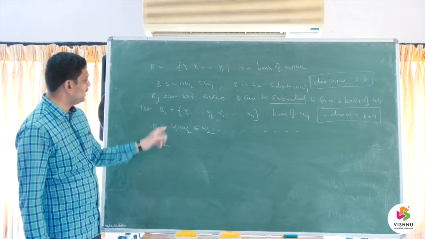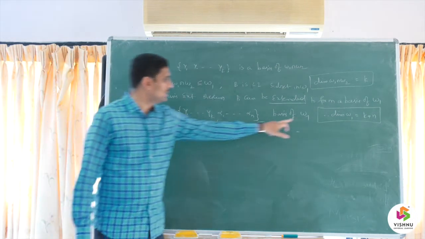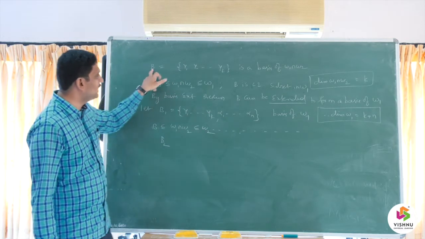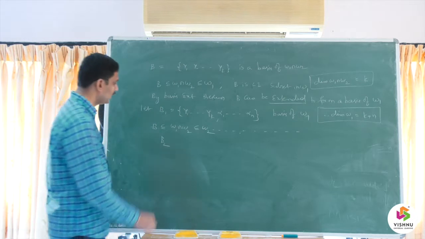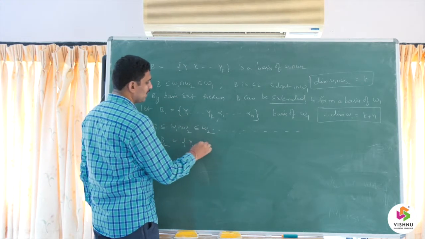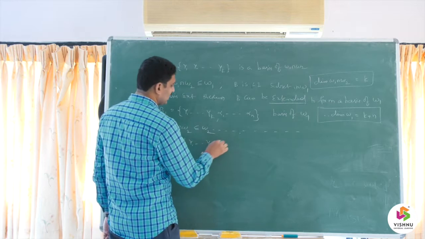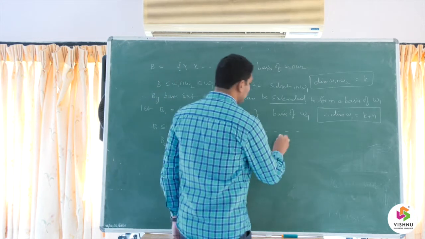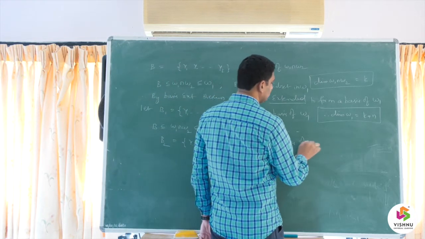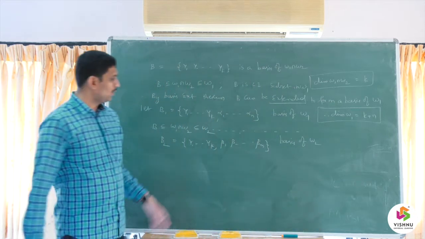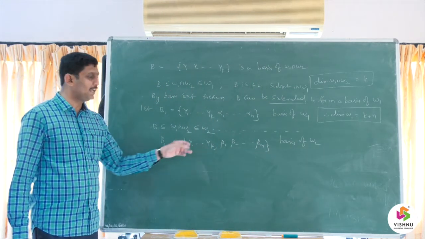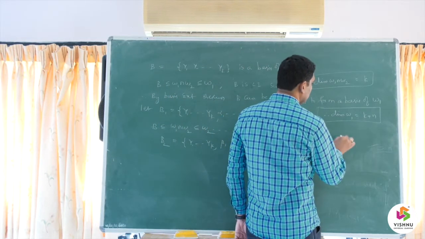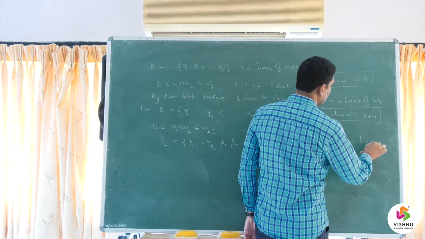The suffixes will give the idea: B1 is a basis for W1, B2 is a basis for W2, B is a basis for the intersection. So B2 is equal to gamma 1, gamma 2, so on gamma k, and you take the other vectors as beta 1, beta 2, so on beta m. You take this as a basis of W2. Now, in total how many elements are there? Gammas are k in number, betas are m in number. So dimension of W2 is equal to k plus m.